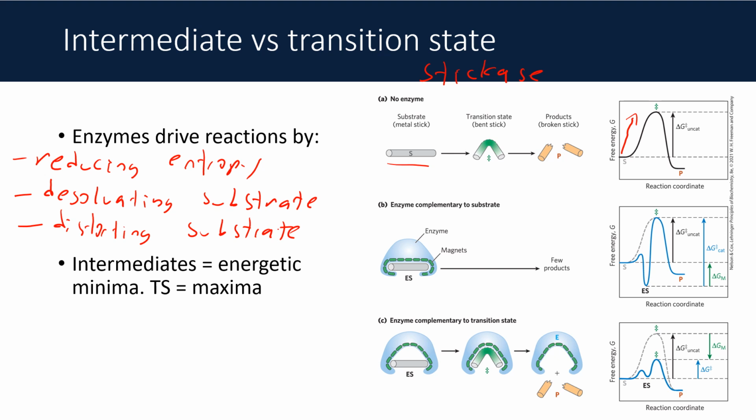Now, let's imagine we had an enzyme helping us, and the enzyme was a really, really good substrate binder. Its pocket was a perfect match for the reactant states. We have our enzyme, and let's line that pocket up with magnets and make it really attracted to that metal stick. It's going to wiggle in there, and look, it's really stable and really happy.